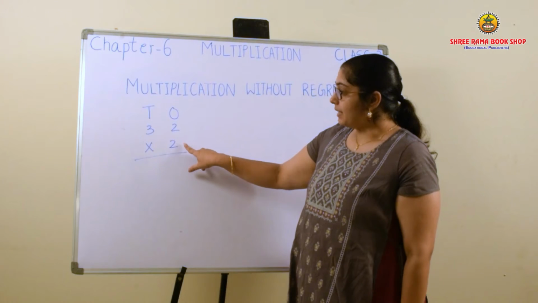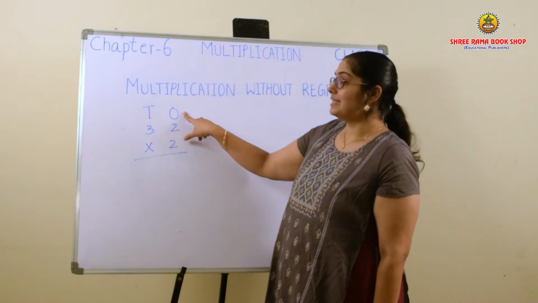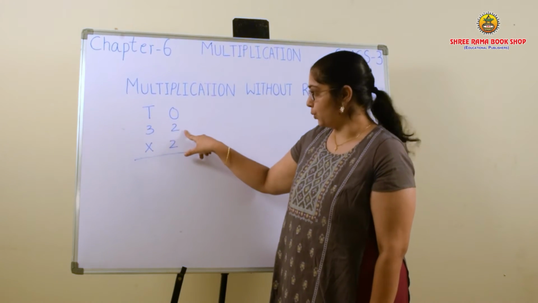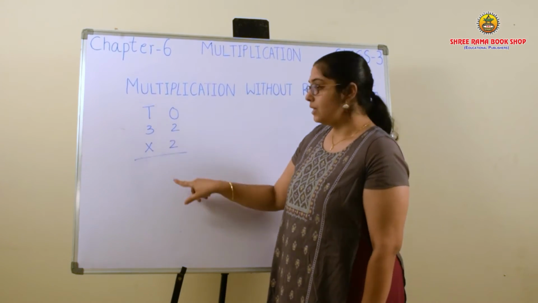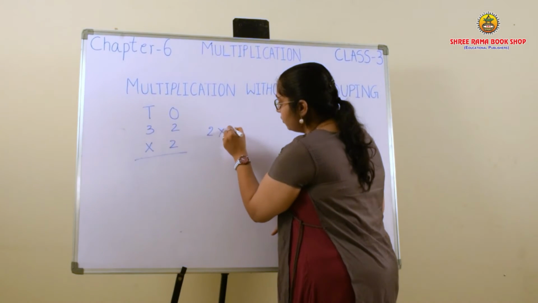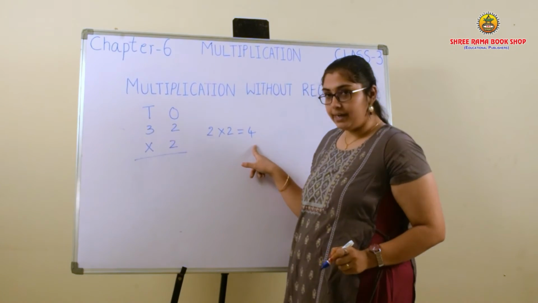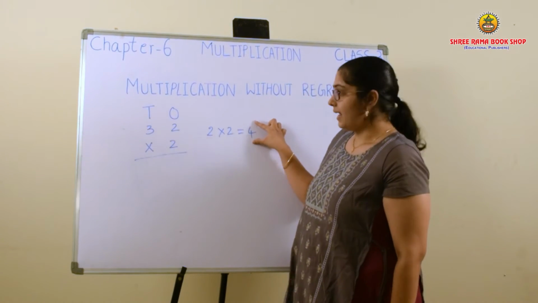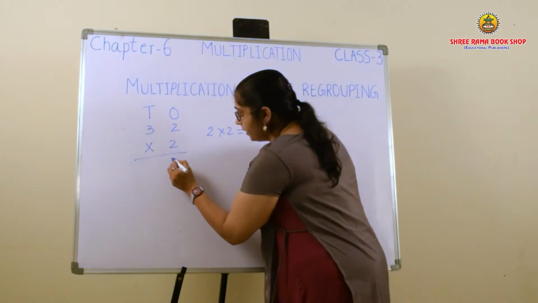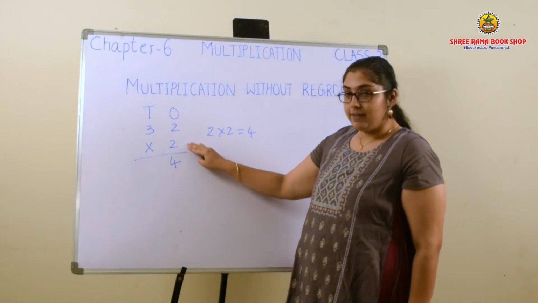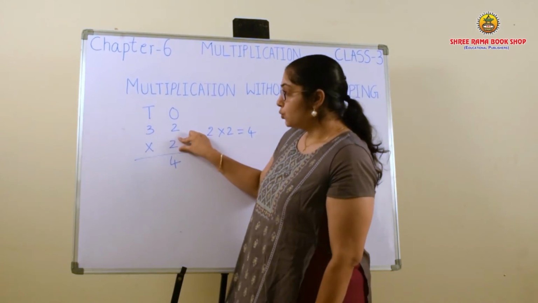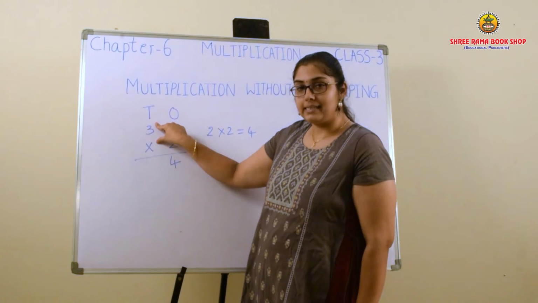If I multiply 2 first with the ones digit 2, 2 2s is 4. So 2 into 2 is nothing but 4, right? I will write this product in the ones column here, 4. Now I will multiply 2 with the number in the tens column.